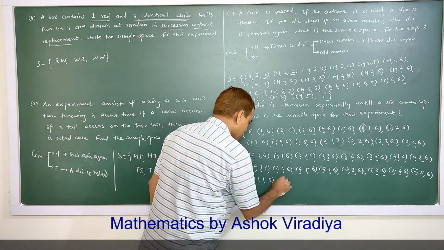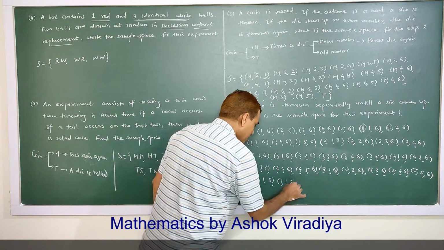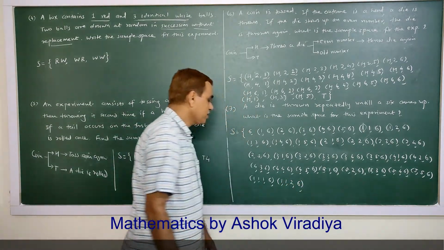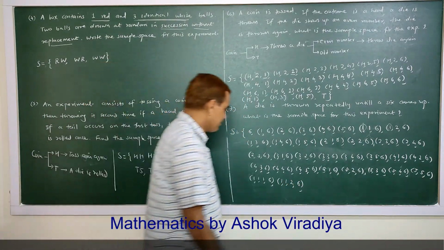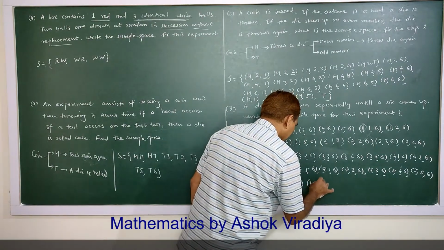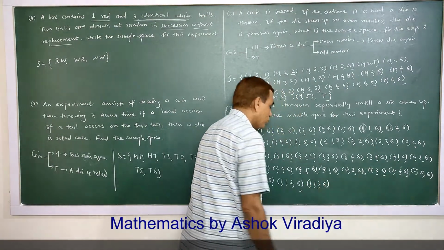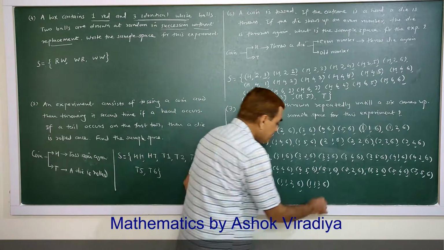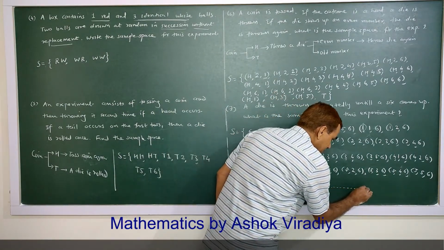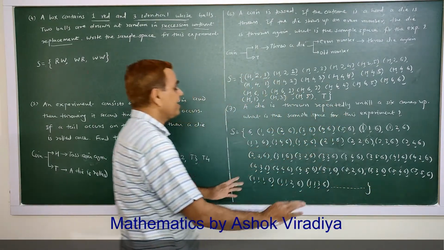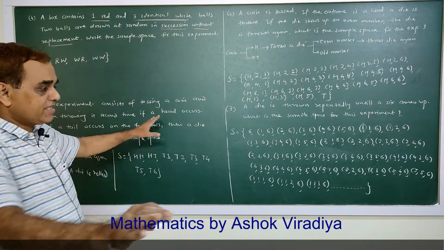If suppose 1, 1, 2, then 6 obtained, procedure is over. If suppose 1, 1, 3, then 6, procedure is over. So this can be continued. This sample space contains infinite elements.